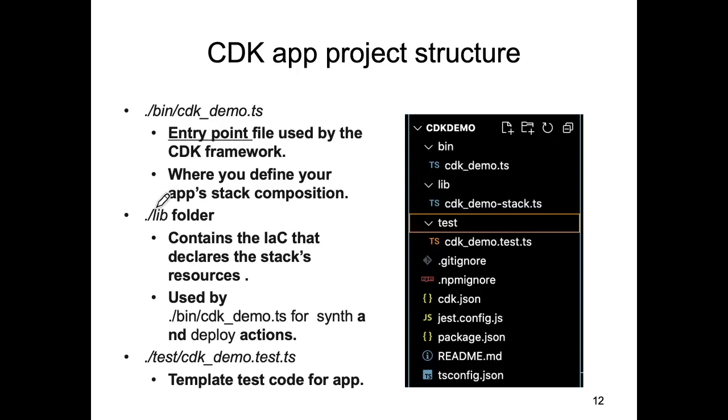In the lib folder is where you typically have one file per stack. And within that stack file is where you describe, using the imperative language of choice, in our case TypeScript, the various resources that you need, although you don't specify them at the resource level, you specify them at the construct level.